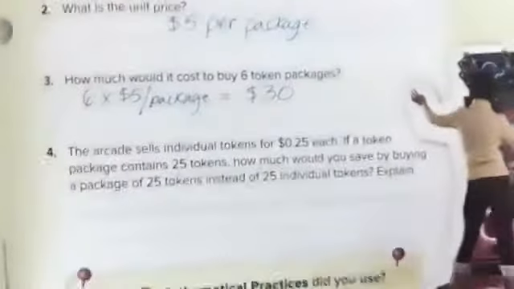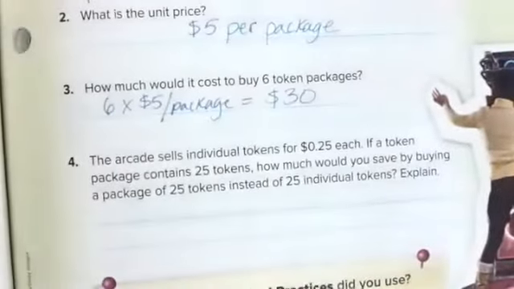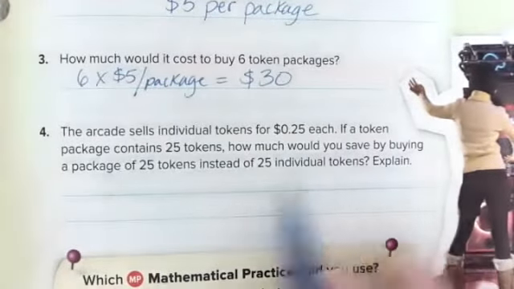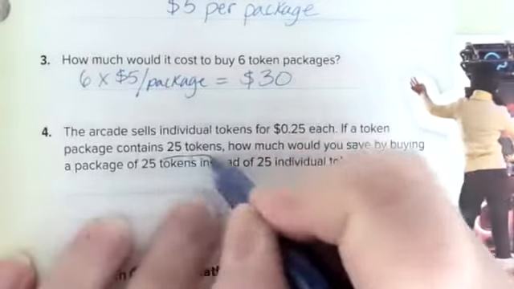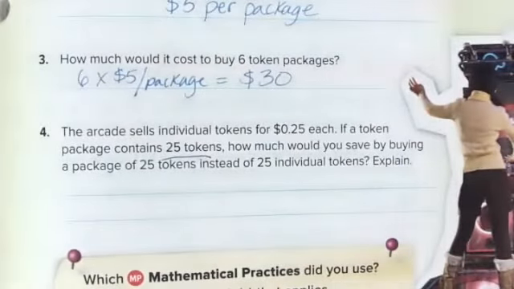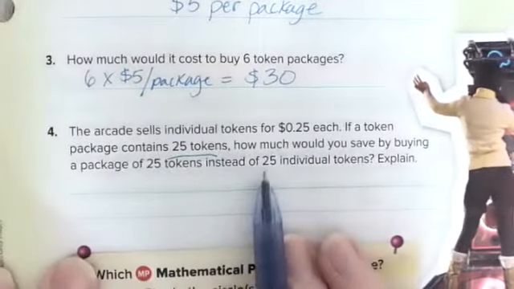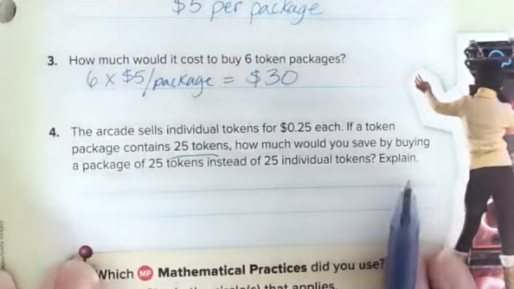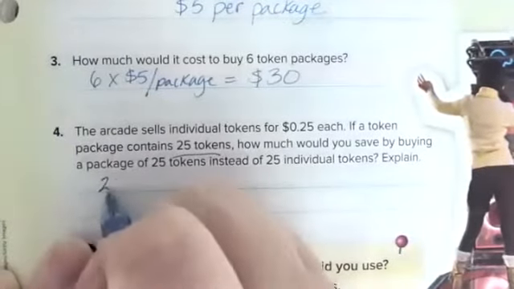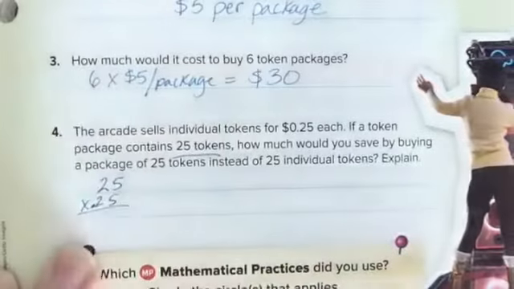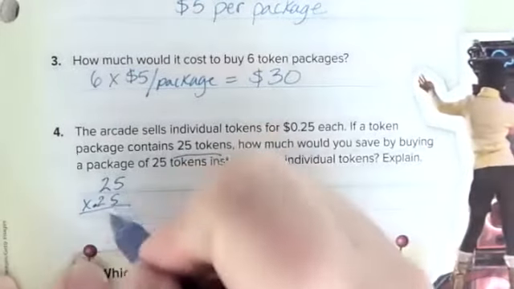Number 4, the arcade sells individual tokens for 25 cents each. If a token package contains 25 tokens, how much would you save by buying a package of 25 tokens instead of 25 individual tokens? Okay, so if we had 25 individual tokens at 25 cents each, we would say 25 tokens times 25 cents, and then we'll go ahead and multiply.